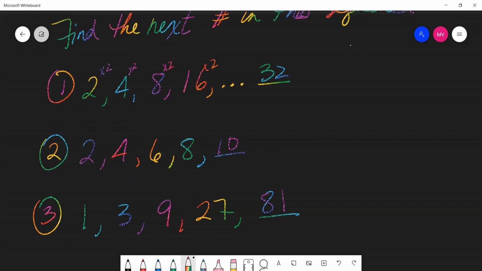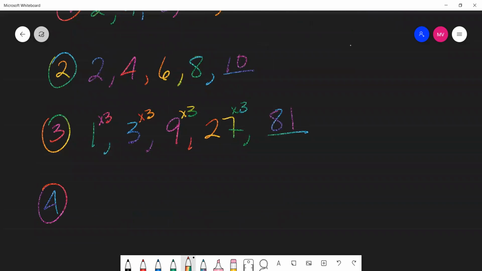So it's 81. What's our difference here? What are we doing between these terms in the sequence? Yeah, we're multiplying them all times 3. Okay, we all see that? Or you could just be a little bit smart about it.